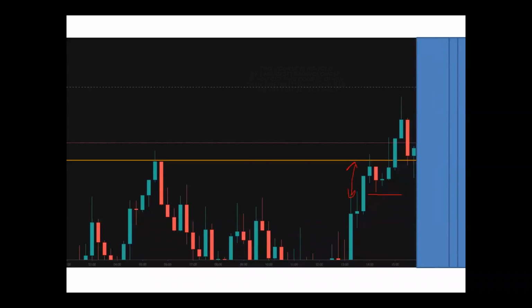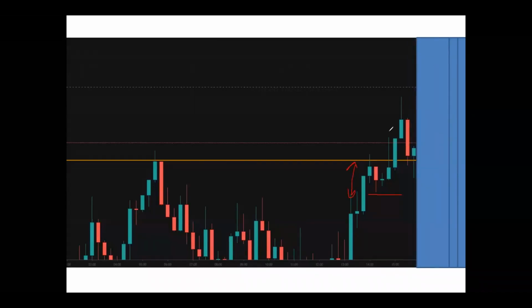Now look what happened, right? You have a bullish candle that formed right over here. And when you look left, you're seeing that, okay, this is resistance there, and we have a bullish candle. So now probability dictates that since price made a high right here, and then we had a breakout, and then you have a bullish candle formed, maybe now you can place a condition on your trade and say, okay, as long as the price stays above the low of this candle, we should be continuing to move up to fill this range.